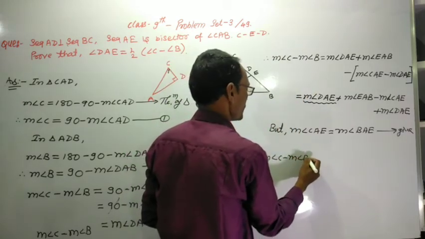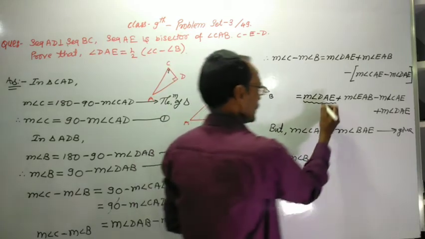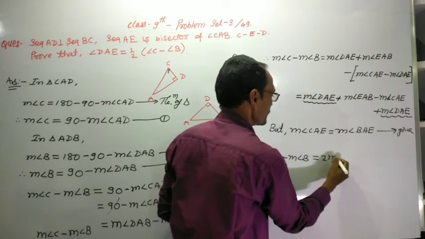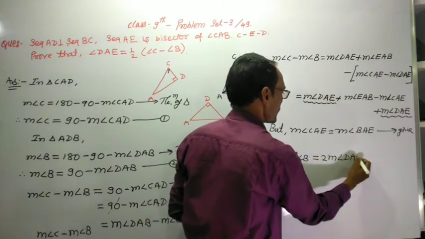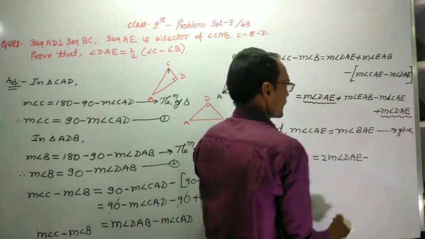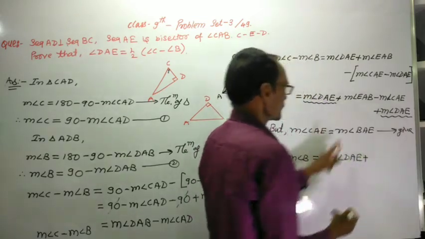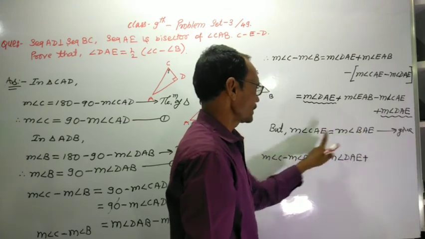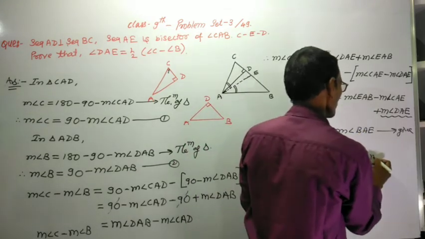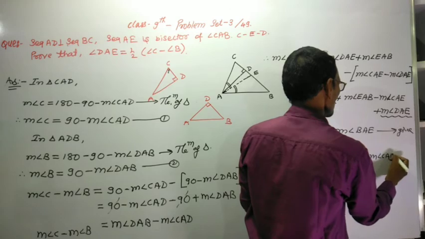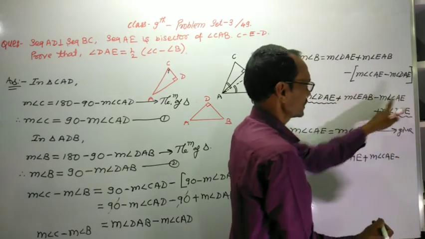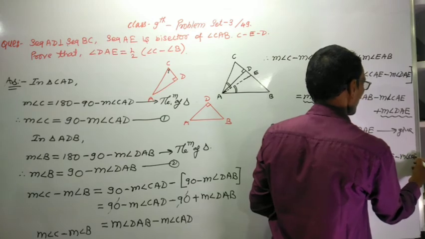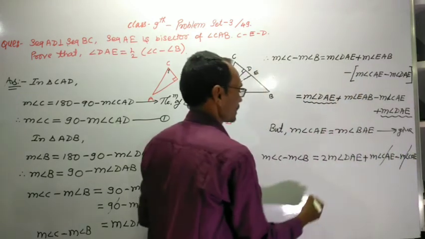By putting the value of CAE or BAE in this equation, we get measure of angle C minus measure of angle B equal to DAE plus DAE, that is twice of measure of angle DAE, again plus EAB, that is equal to CAE, minus measure of angle CAE. These two get cancelled.